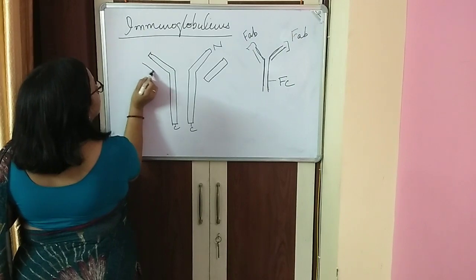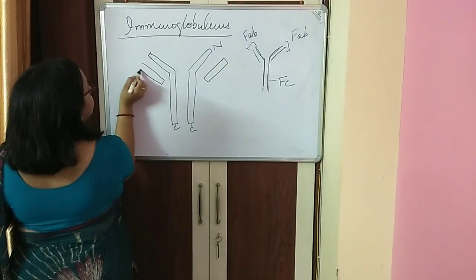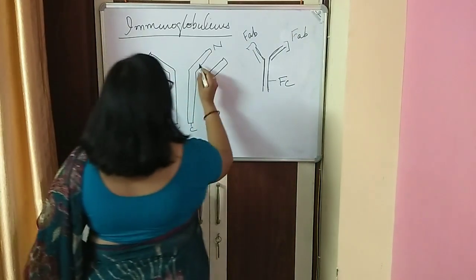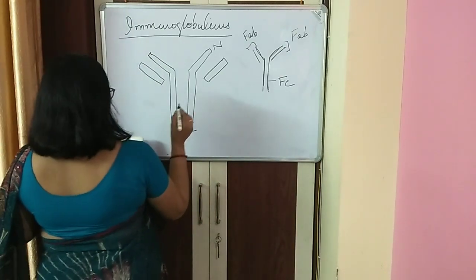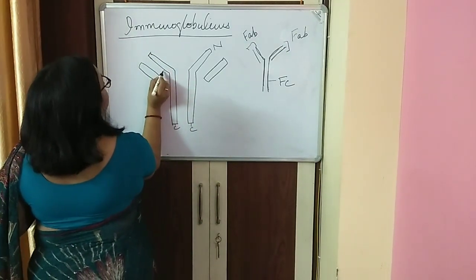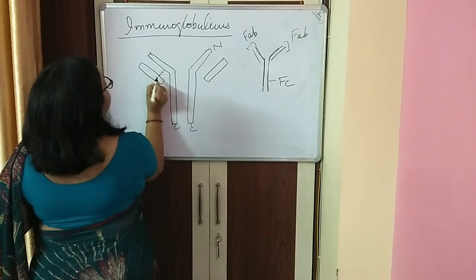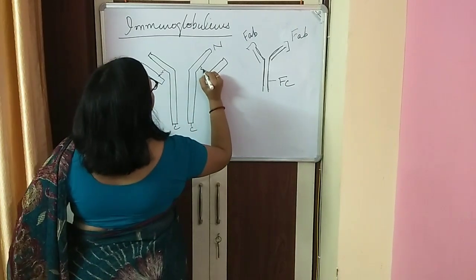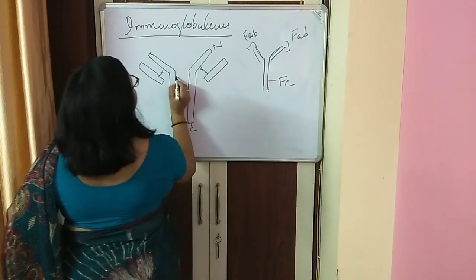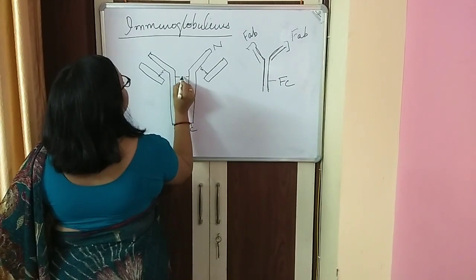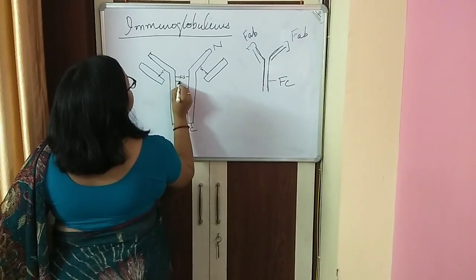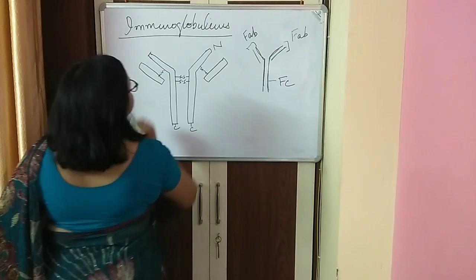There are two light chains and a heavy chain, and both chains are bound together by disulfide linkage, and the heavy chains are also attached by two disulfide linkages.